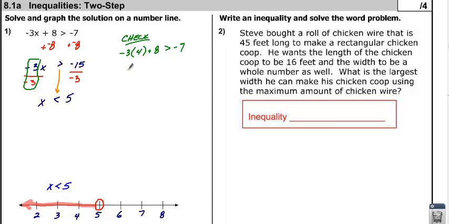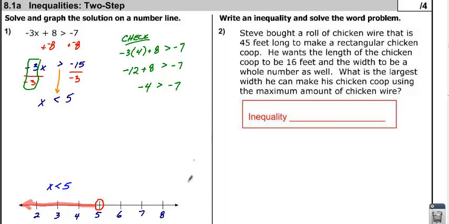Negative 3 times 4 is negative 12, plus 8, greater than negative 7. Negative 12 plus 8 is negative 4, and yes, negative 4 is greater than negative 7. So that's our standard inequality.